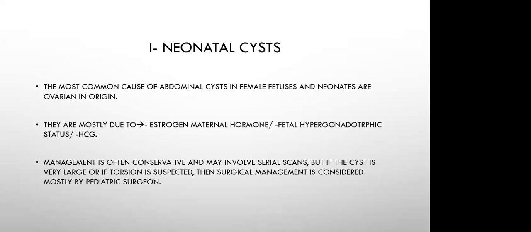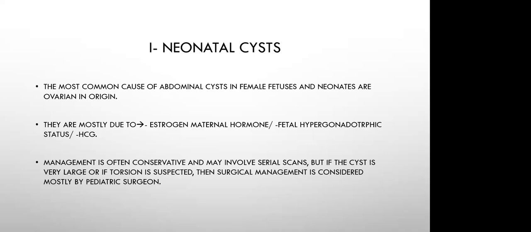The first is neonatal cysts. A baby was born with a diagnosed ovarian origin cyst. The most common cause of abdominal cysts in female fetuses and neonates is of ovarian origin.